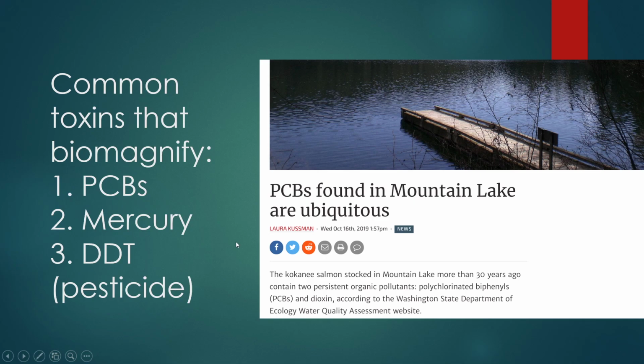They were stocked more than 30 years ago, and they have two persistent organic pollutants, the PCBs and dioxin, according to the Washington State Department of Ecology, which causes a threat not only to those species, obviously, but to the humans that are eating the salmon.